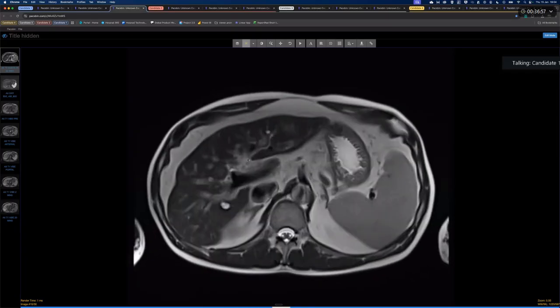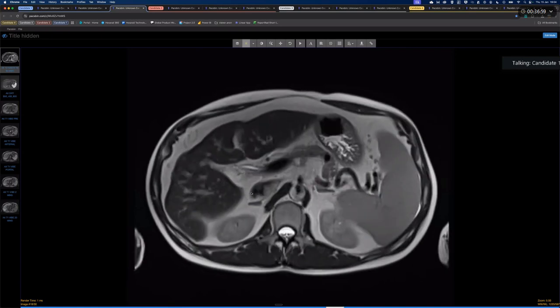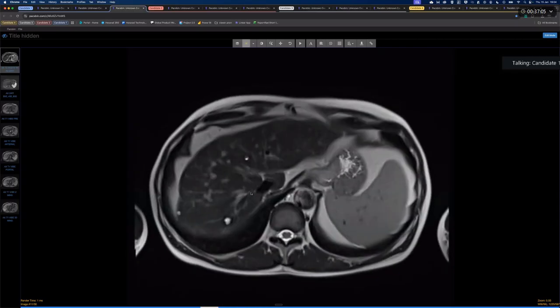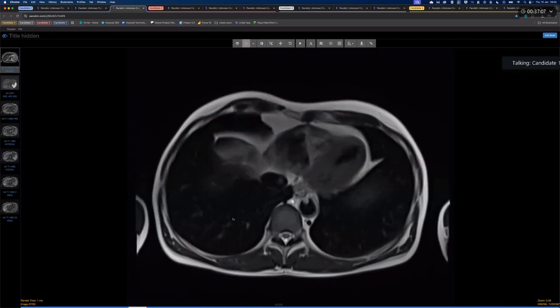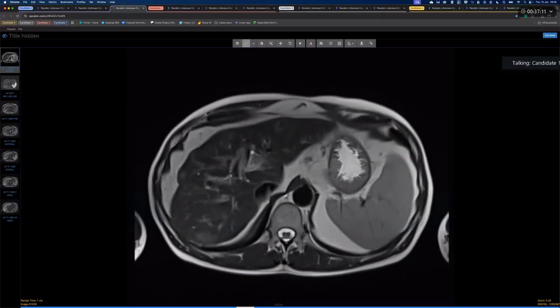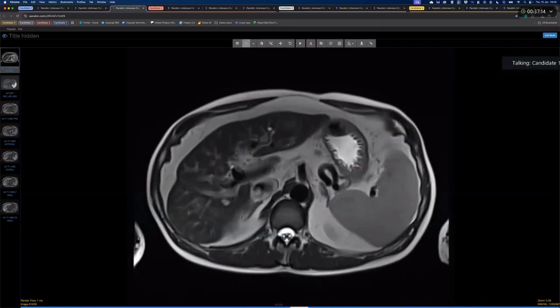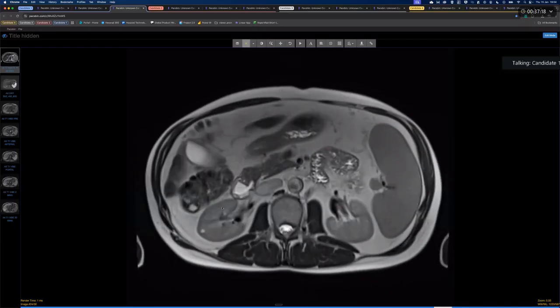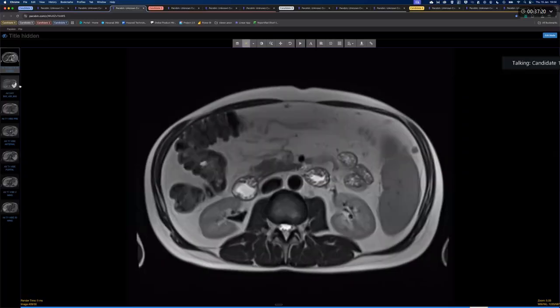The portal vein shows normal signal void. Checking for any liver masses that are associated with this condition, I can see that there are multiple hyperintense foci distributed in the right and left hepatic lobes with a hypointense rim. There is no biliary ductal dilatation.